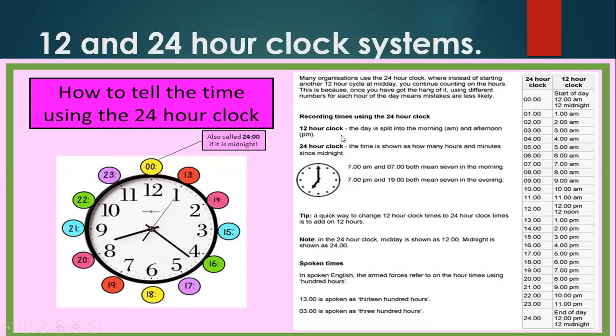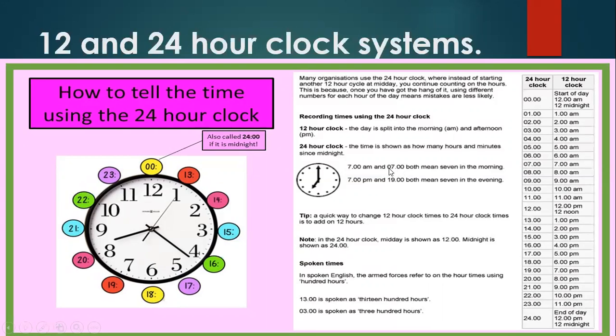So in 12-hour clock system, the day is split into morning, that is AM, and after midday we call it afternoon, that is PM. The 24-hour clock system records time as how many hours and minutes have passed since midnight. So 7 AM is 0700 hours, there's no need to write the point.